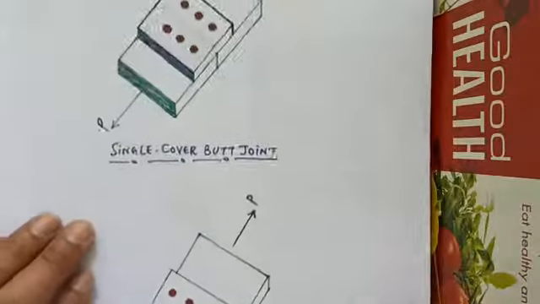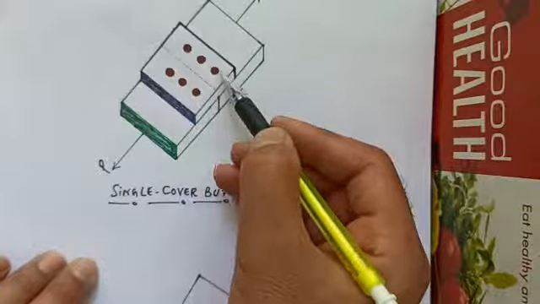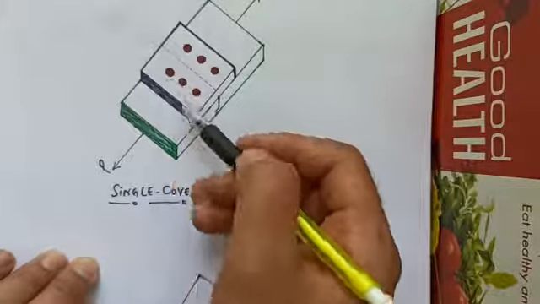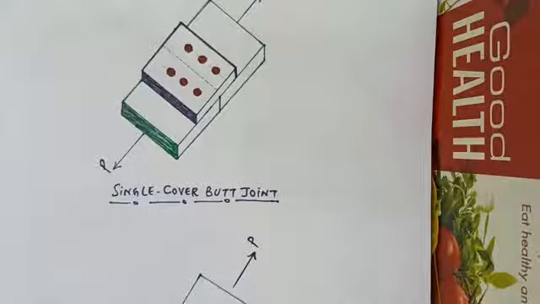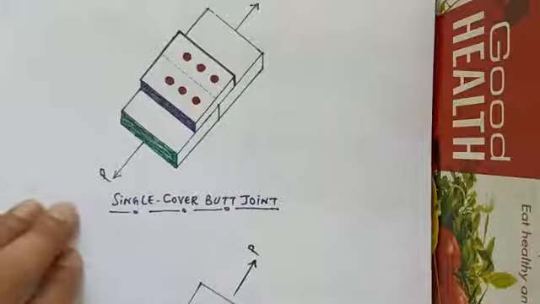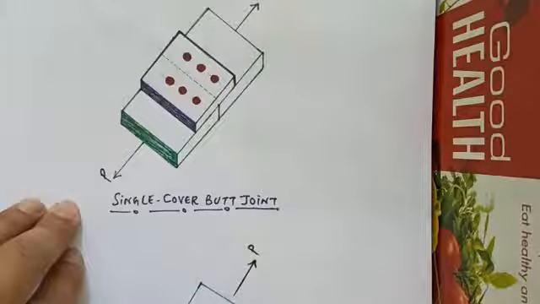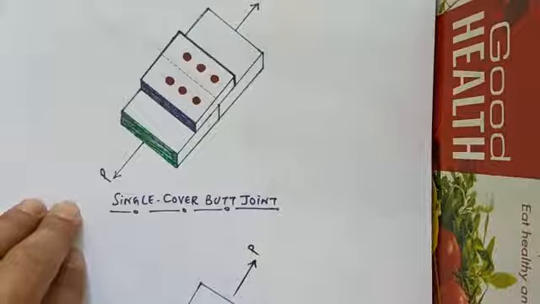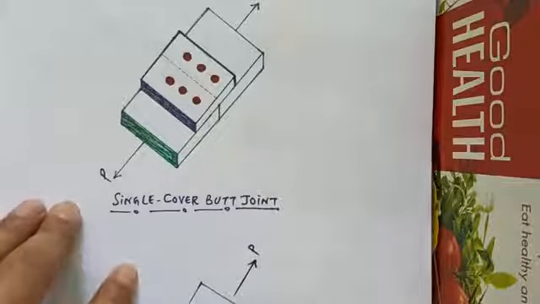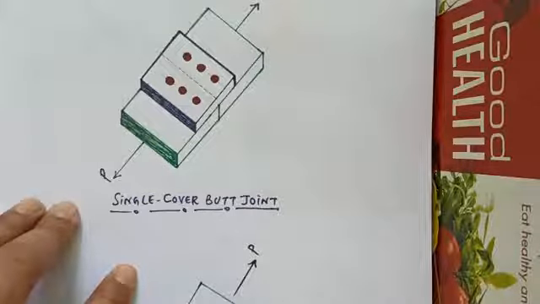And if we place two rows or three rows of bolts on each plate, we call it accordingly single cover double bolted butt joint and single cover triple bolted butt joint.